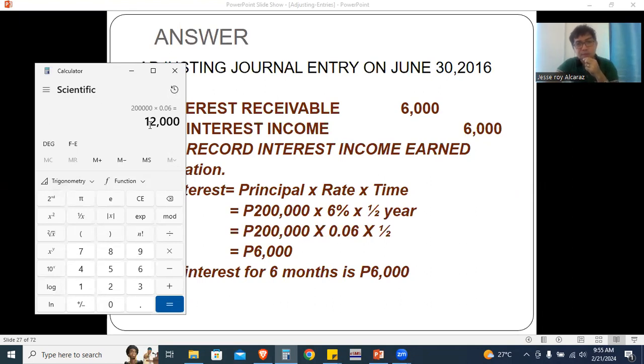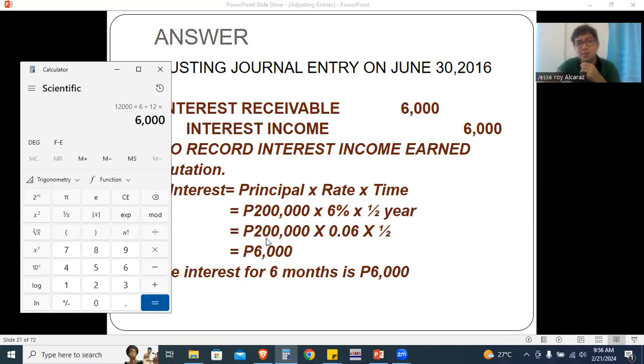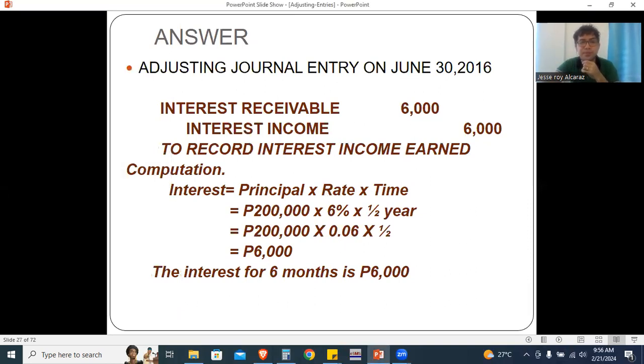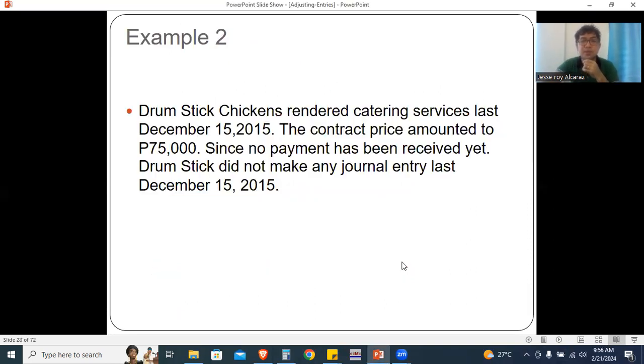Kaning 12,000 pesos manggod, the 6% here, if it is silent, it means that it is good for 1 year. So since it's only for 6 months, then we have to compute it proportionately. Times 6 divided by 12. Therefore, 6,000 pesos lang ato ang accrued interest for the said period. Okay, then to record interest income.